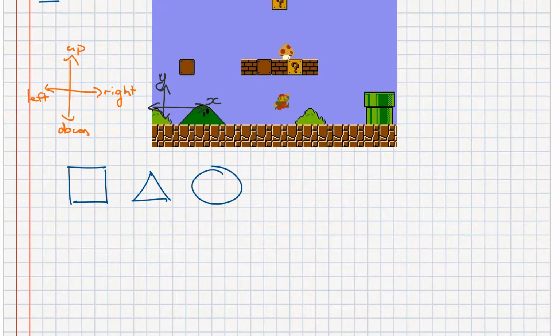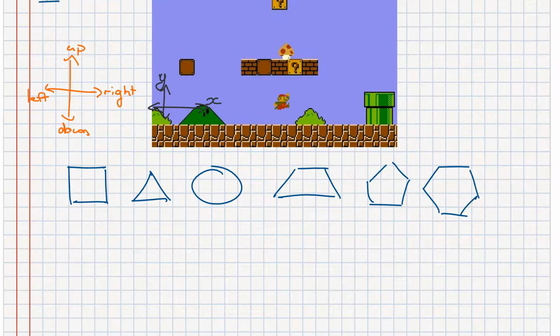So the three main basic shapes. Now if we want to go a little bit fancier, we can go for shapes such as trapeziums, pentagons, or if we want to go really fancy, we'll go with a hexagon. They're pretty cool. I like those shapes.